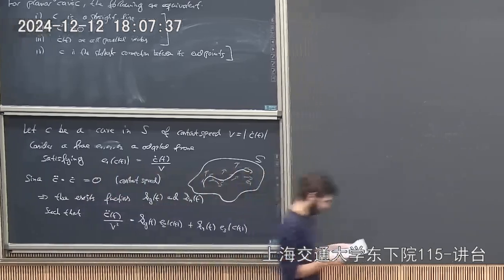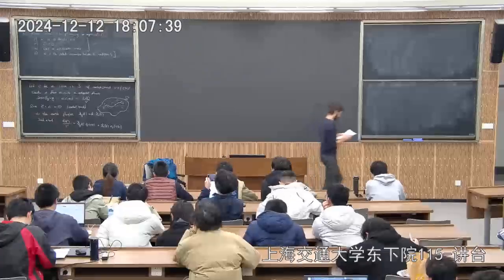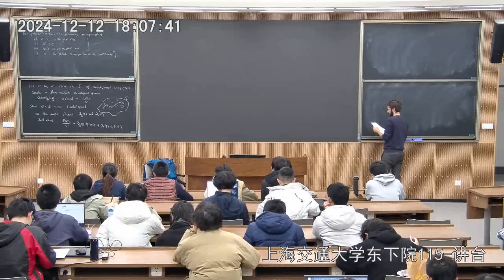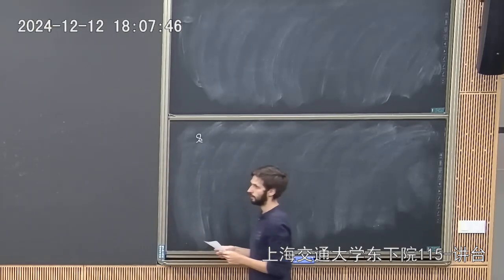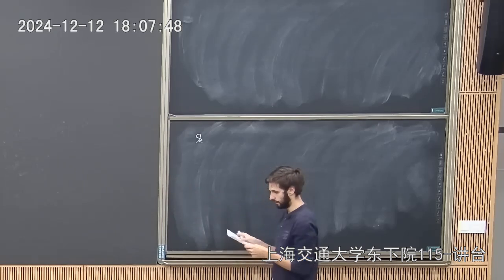Using that we can actually write the curvature. That's why we called it k and scaled it like that.